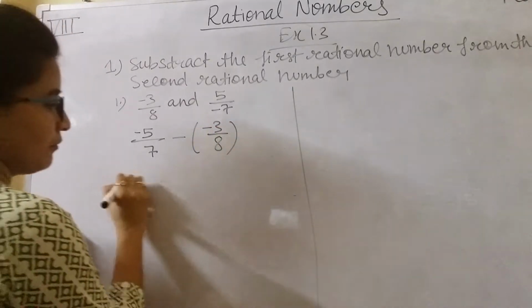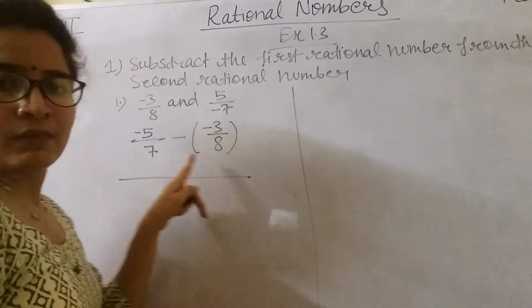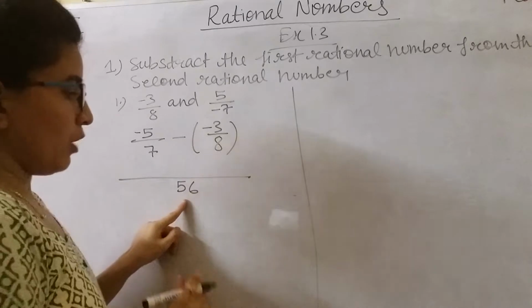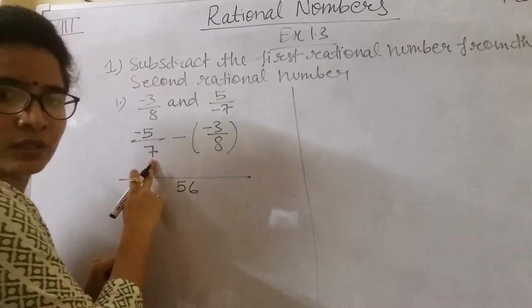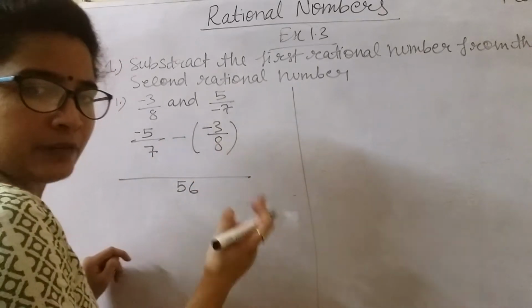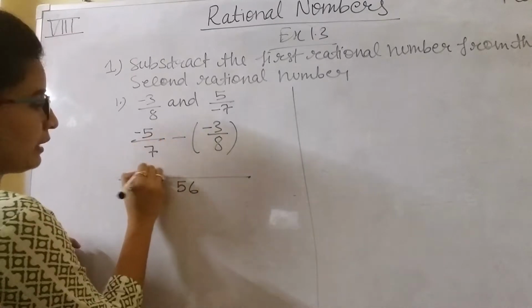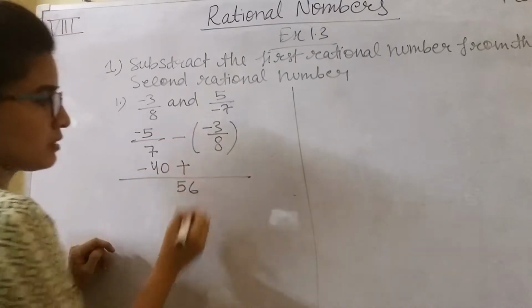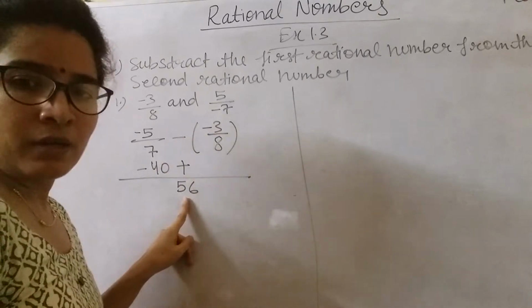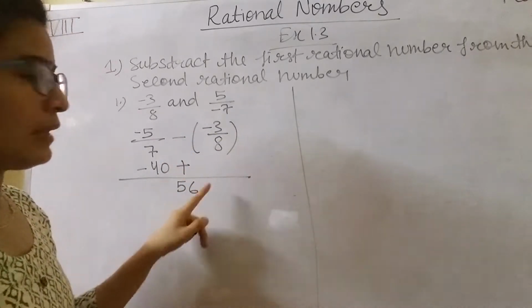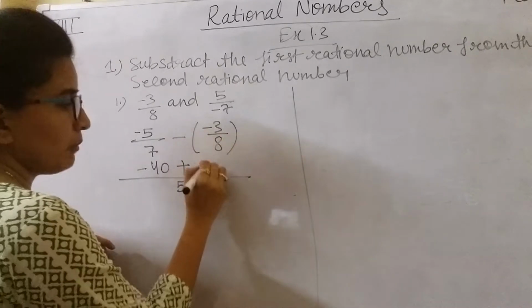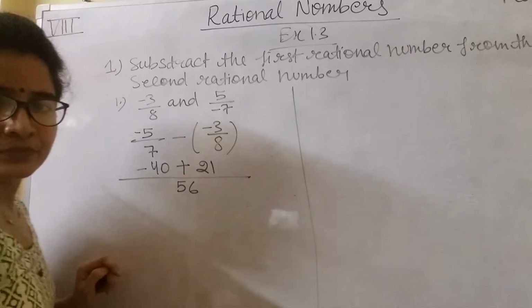So now we will take LCM of 7 and 8, that will be 56, and now 56 will be divided by 7, we will get 8, and 8 will be multiplying with 5, we will get -40. So this minus will be plus. Now 56 will be divided by 8, we will get 7, and 7 will be multiplying with 3, that will be 21.